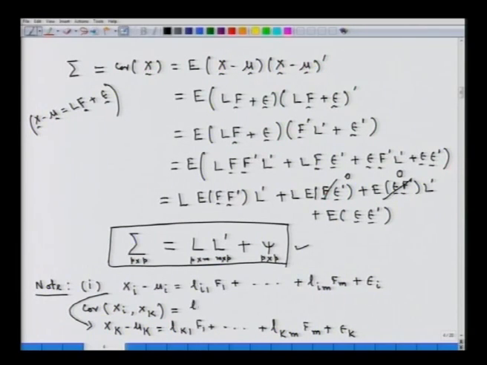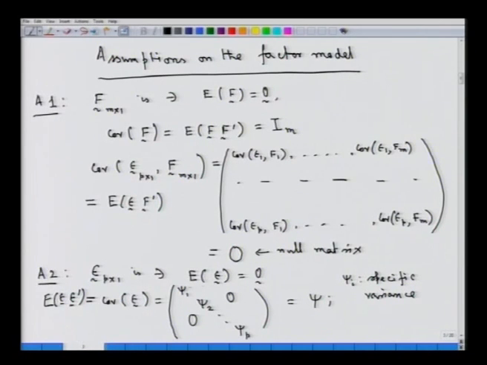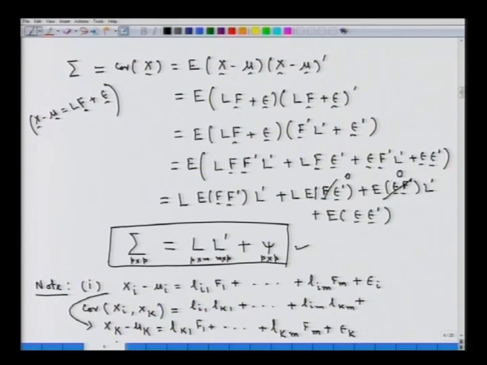So this is going to look like Li1 Lk1 and so on, and the mth term in this sum is going to be Lim times Lkm. Plus epsilon i multiplied by epsilon k, and its expectation, given the assumed diagonal covariance matrix structure of epsilon, is also going to be equal to 0.